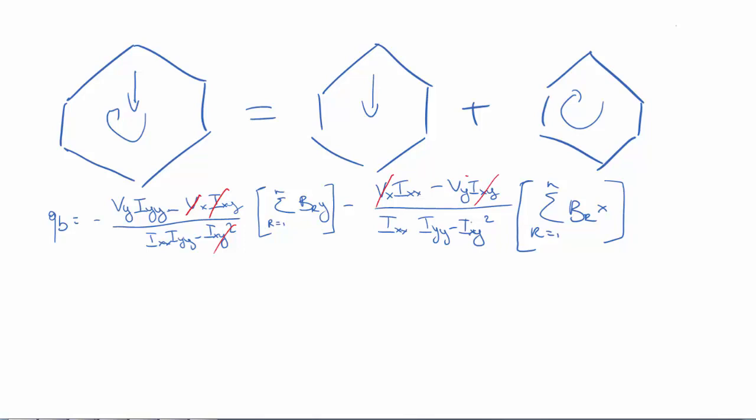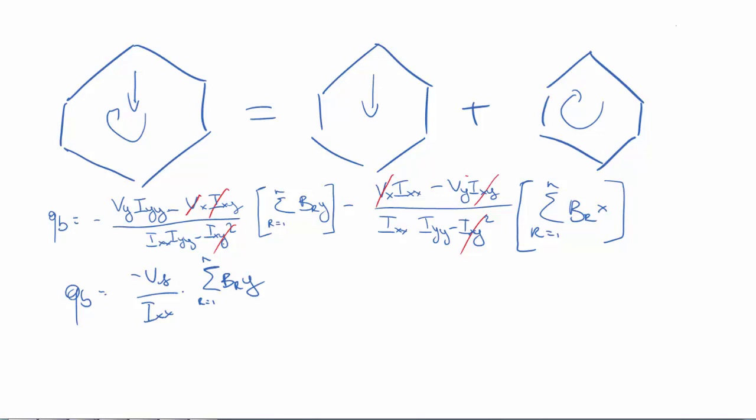So we can cross out a lot of terms in our equation. What we are then left with is an equation that looks a lot less scary than the one I've written down before. Namely, qB is now minus Vy divided by Ixx times the sum of B r y.